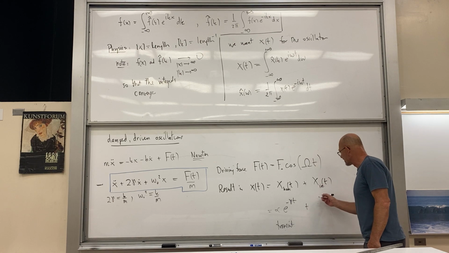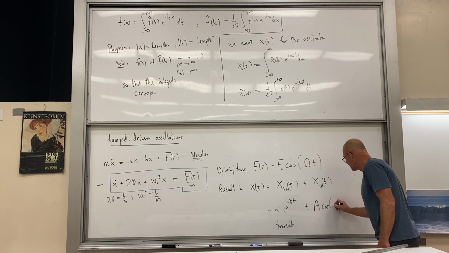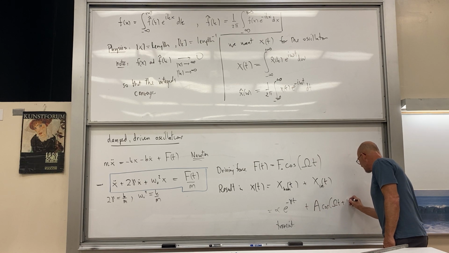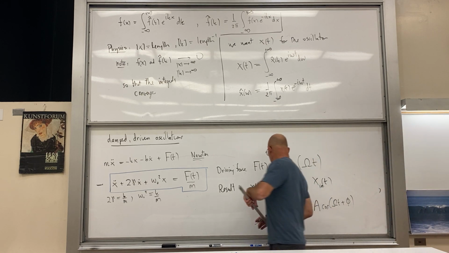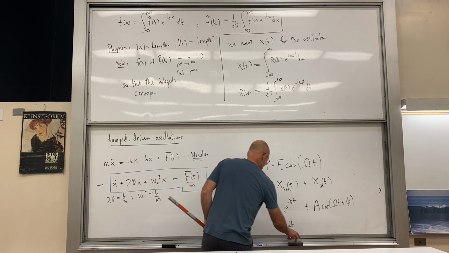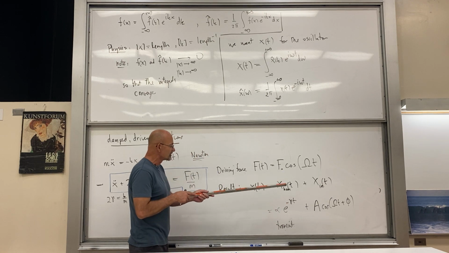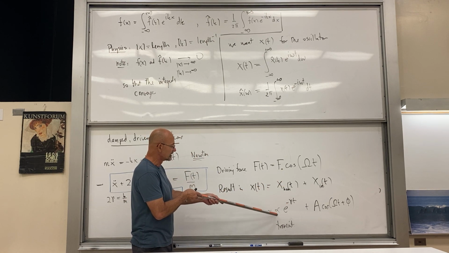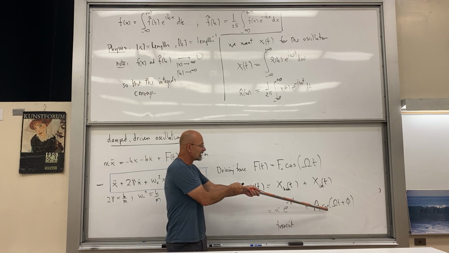And then we also get something where there's an amplitude times cosine omega t plus some phase difference. I've left out the oscillatory part of the transient. There's an oscillatory part that goes away as t goes to infinity, and you're just left with this.